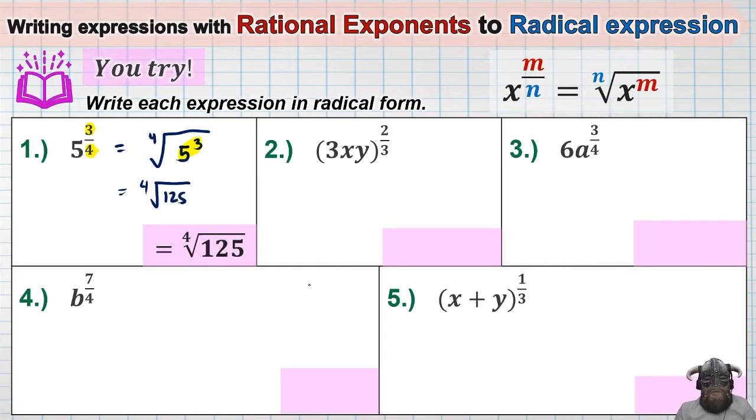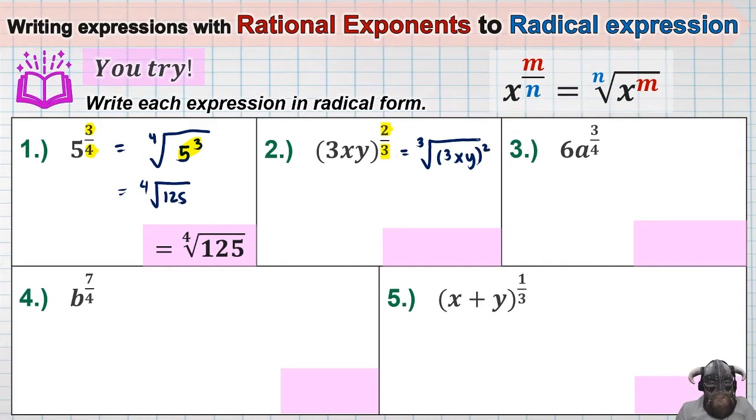Next, we have number 2. We have the quantity 3xy raised to 2/3. Same process. First, let's have the radical sign. Second, let's have 3xy enclosed in a parenthesis. Third, let's have the denominator as our index. So we have 3. Ang mangyayari dyan, cube root. And then, sa susunod dyan is yung numerator natin will be 2.